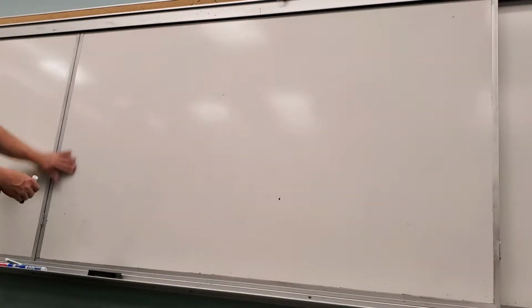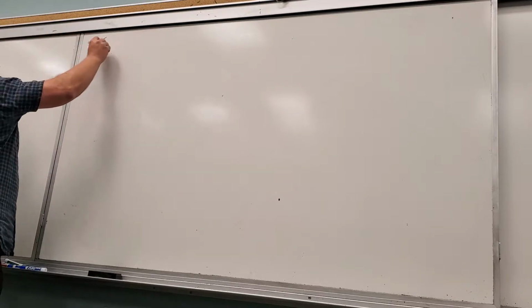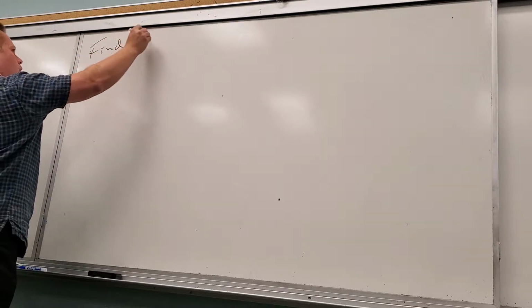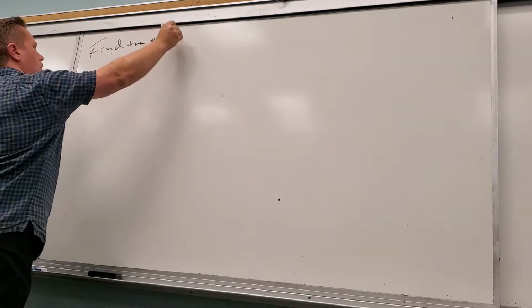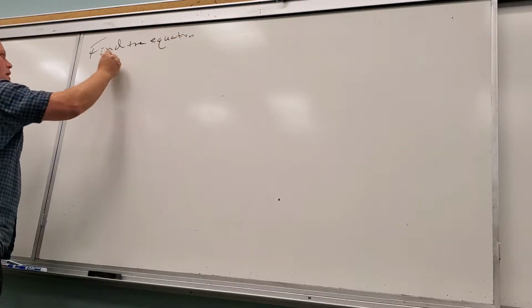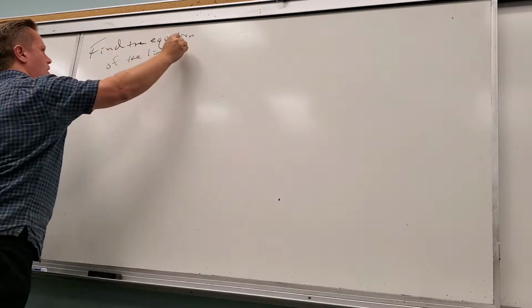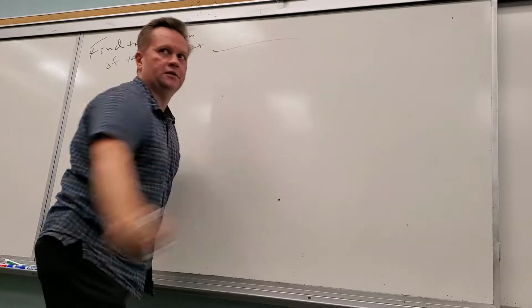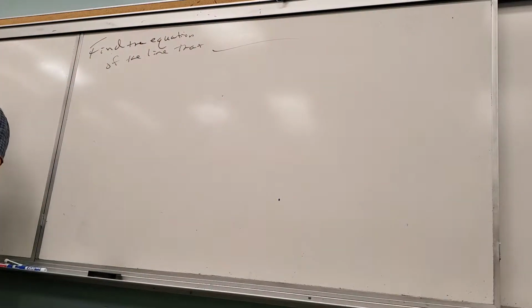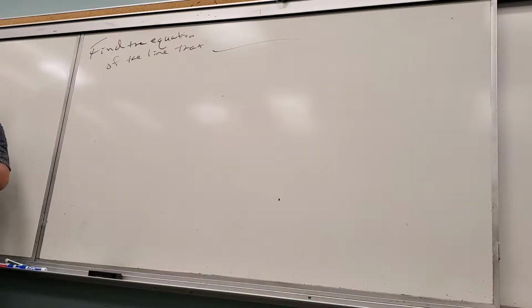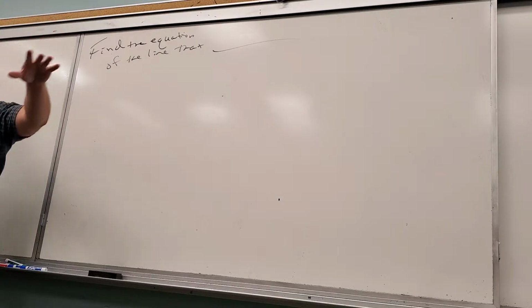So here's the thing. If I say find the equation of the line that does this, right? What could I say? Find the equation of the line that goes through these 2 points.